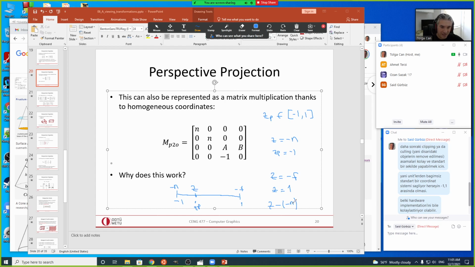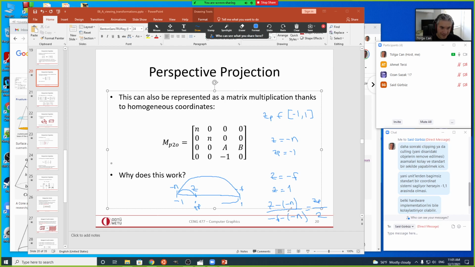Remember, n is always given as a positive value. It's not a coordinate, it's the distance of the image plane. The original z coordinate was negative, so this gives me the distance to the image plane. This, divided by -f minus n, should be equal to the new projected zp divided by 2. Again, this distance is 2.